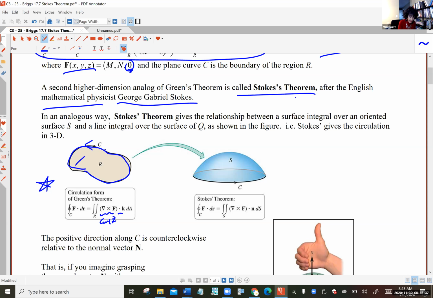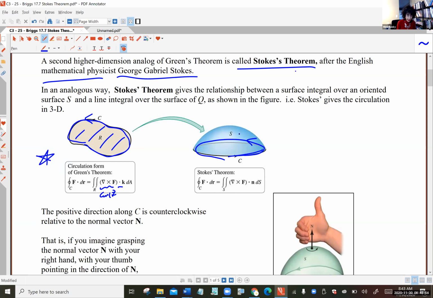So instead of a flat region here, if you can imagine the region like getting kind of blown up and being a surface, you're going to compute the circulation around this boundary of this surface like that. And you're going to get this circulation here.